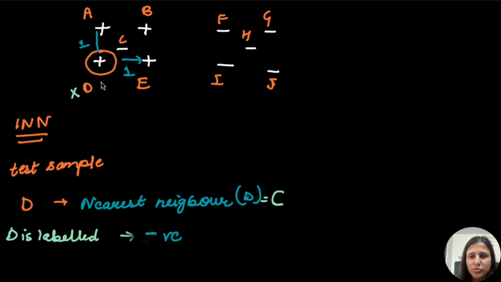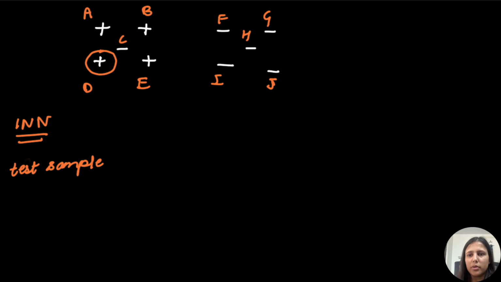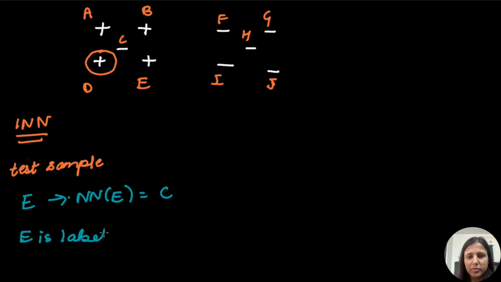Okay, let's do it for E. Actually, let me do it on the next slide. Okay, so my test sample is, say, E. The nearest neighbor of E is C again. So E will be labeled negative, right?